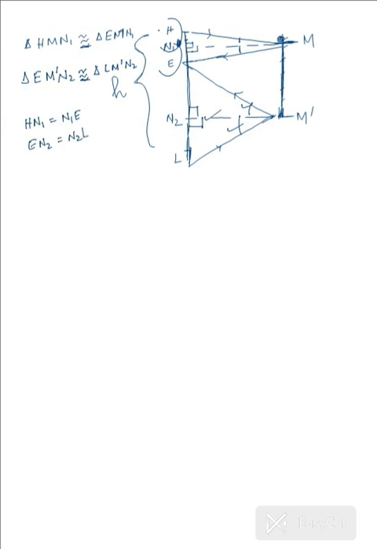Now, HL, that is the total height of the person, is equal to HN1 plus N1E plus EN2 plus N2L, all of that.